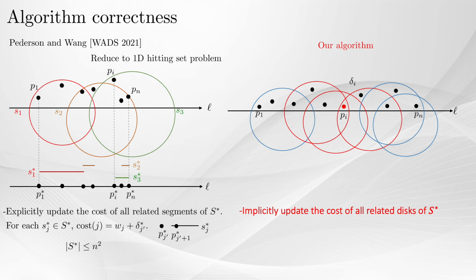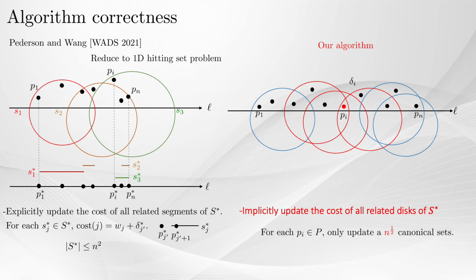And for us, we implicitly update the cost of all related disks of S star. So we don't deal with the disks or intervals one by one, like the maximum sequence as mentioned before. We just process these disks in canonical sets.